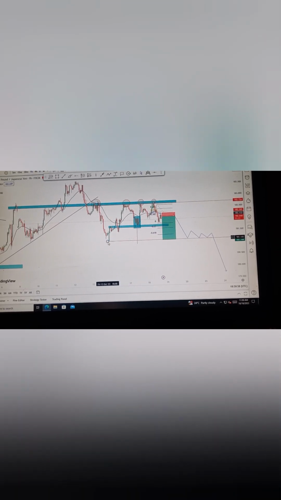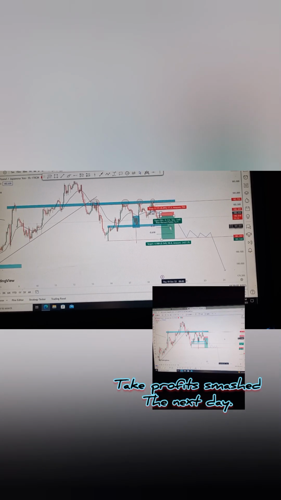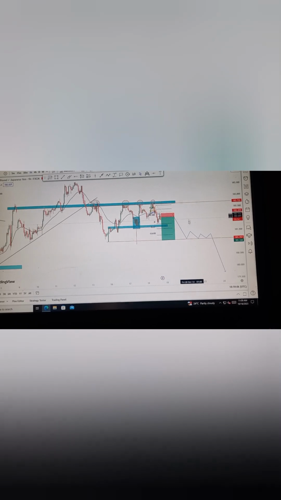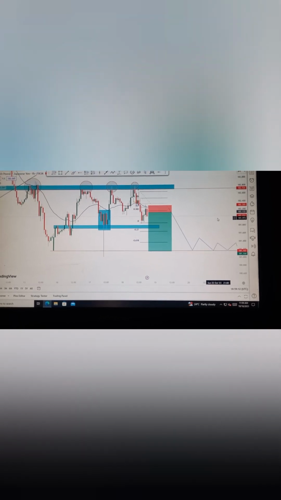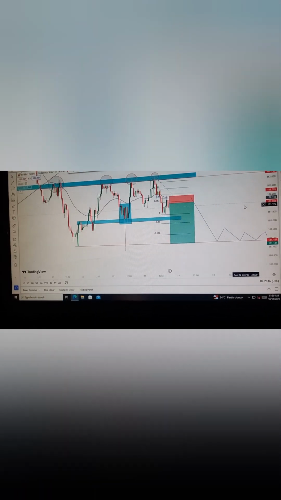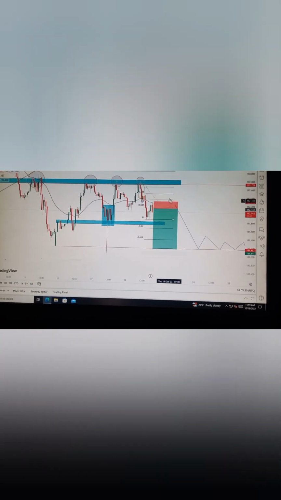We're anticipating to come to this zone here, so we're going to take profit there, with a stop loss on top of 17 pips. So currently we're moving on this trade, as you can see. Moving on straight, but right, let's get into it.